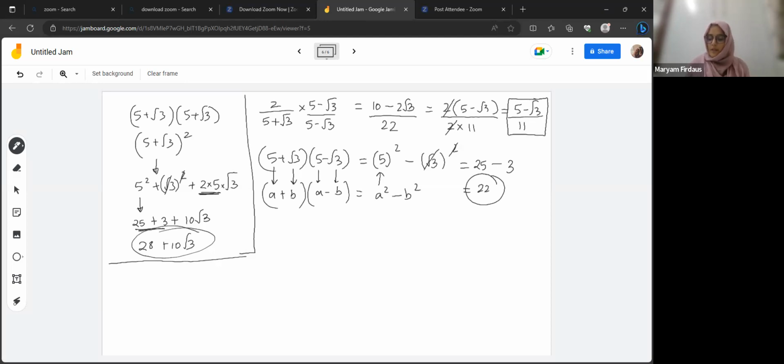It's okay if you leave it at this as well, but it's better if you solve it till here and simplify it by cancelling any common terms. Is this clear to everyone? Yes, ma'am.